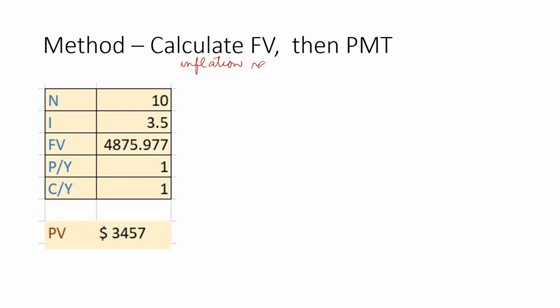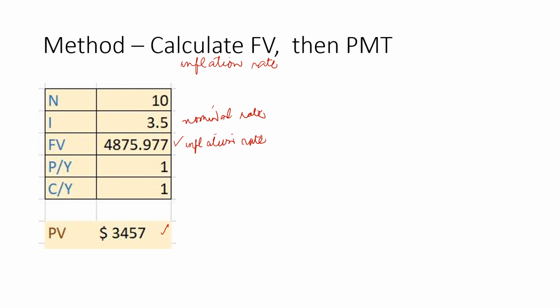From our previous method, when we use future value with inflation rate, we get this value for 875.977. You can pause this and go back to that method. But since this already includes the inflation rate of 2%, we retain here the nominal rate. And you can see we still have the same result, 3457.